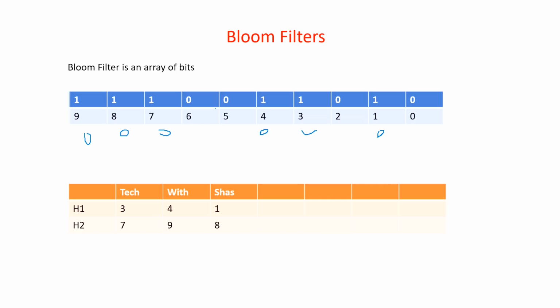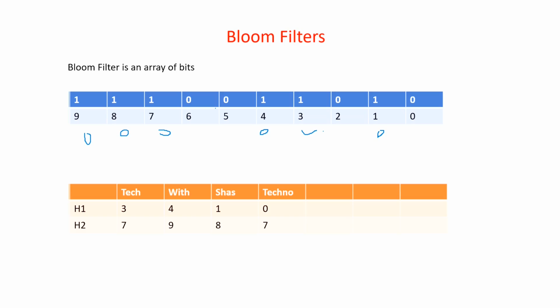So now suppose we search a few more strings. For example, now we search techno. Again, same process. We pass techno into our hash functions and we get the values 0 and 7. Now if you observe the Bloom filter array of bits, at position 0 it is 0, right? And position 7 is 1. It means that this was never searched.